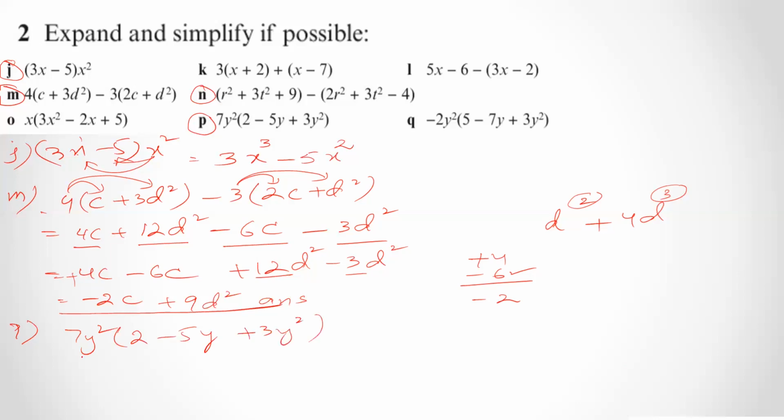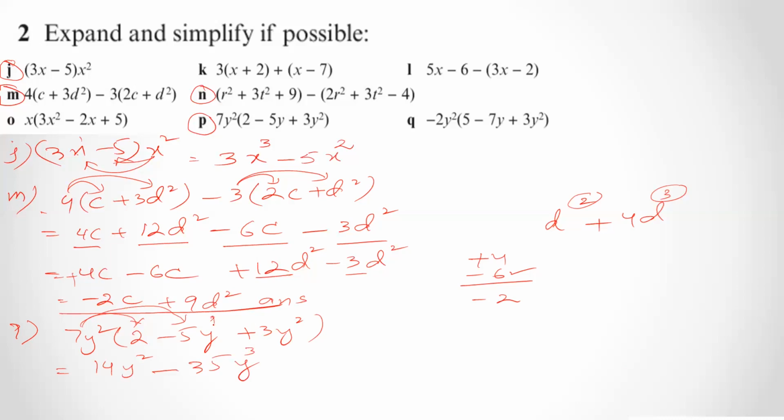Okay, so 7y square times 2 will become 14y square. Now 7y square will be multiplied with 5y, meaning 7 times 5 will be 35, minus 35, y power 2 and y power 1 will be added, so it will be y power 3.